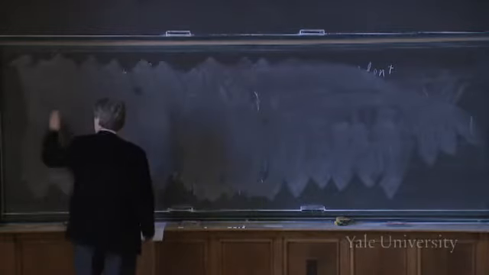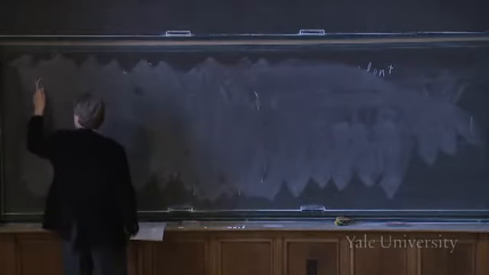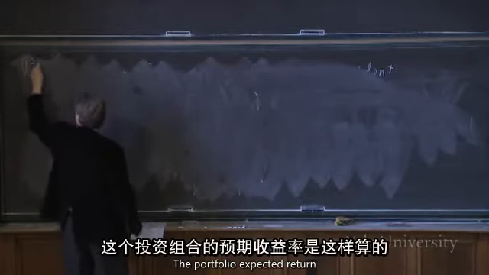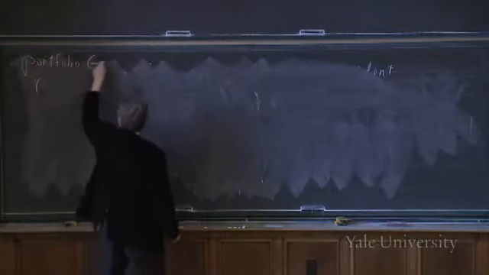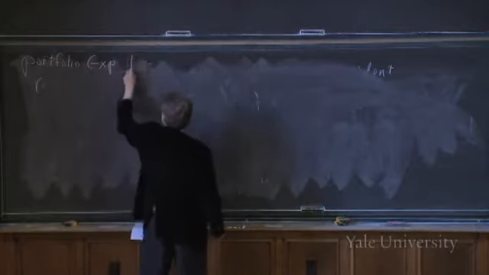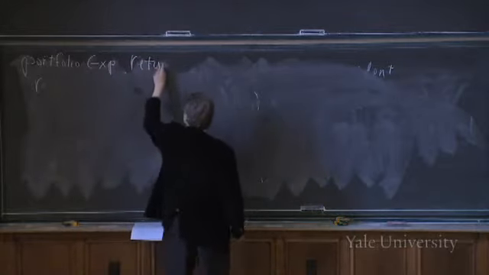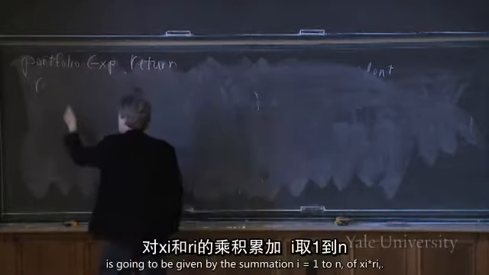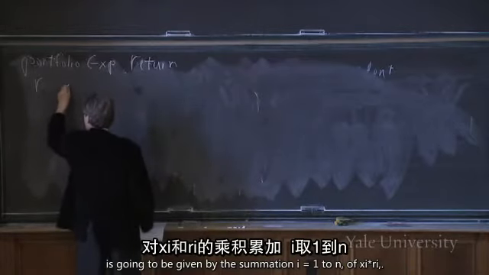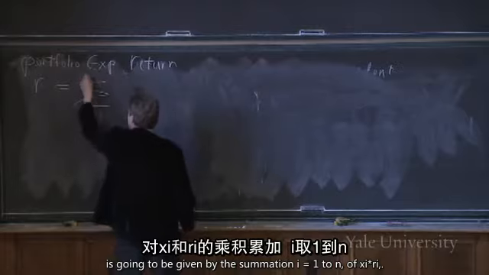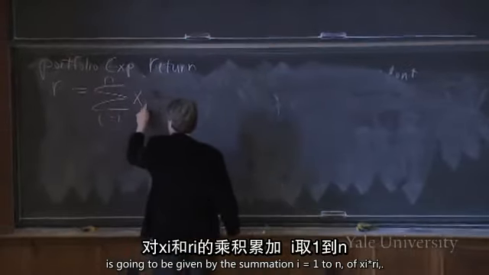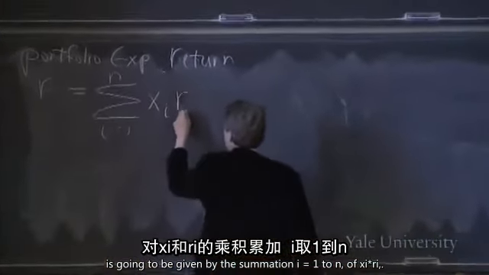So the portfolio expected return is going to be given by the summation i equals 1 to n of x sub i r sub i.